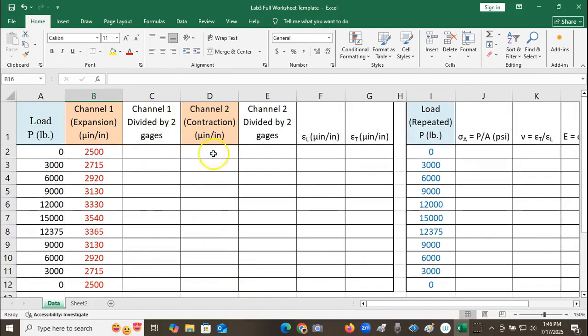Okay, now channel 2 I'm going to put over here. See the column that I made kind of in a light brown there, the light brown column, or peach color, or whatever that is. So 2500. So I'm just typing in the numbers.